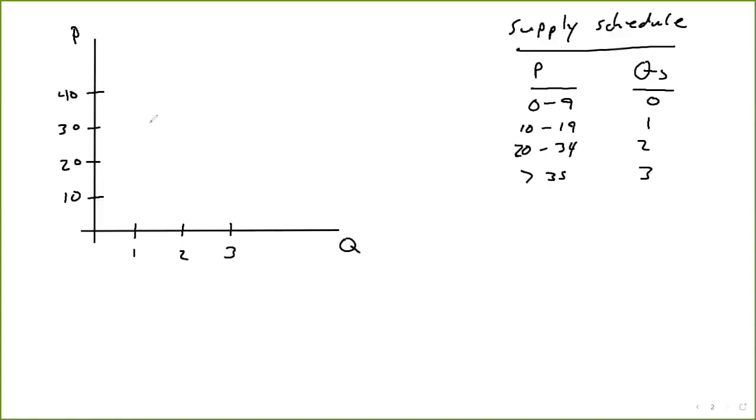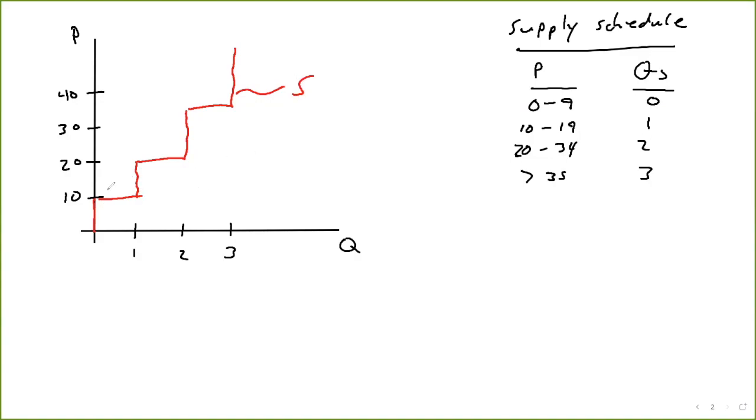And just like with consumers, we can plot the supply schedule we derived to get the supply curve. So $0 up to 10, quantity supplied is 0, then 10 up to 20 is 1, then 20 to 35, and 35 and up. And then connecting those gives us our supply curve.